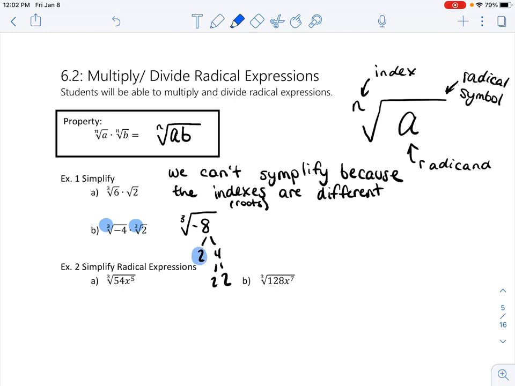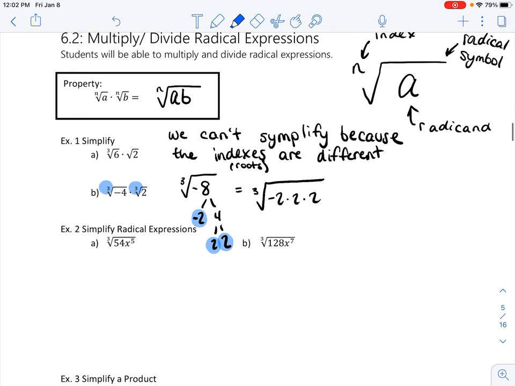Maybe by now you've noticed that 8 is a perfect cube. Oh, watch out, got to have a negative on one of these. So you end up getting the cubed root of -2 times 2 times 2. Those group up. And we get the answer being just -2 as our solution. Okay?